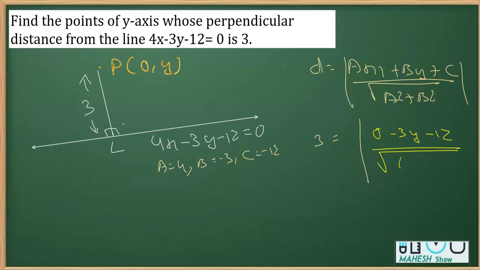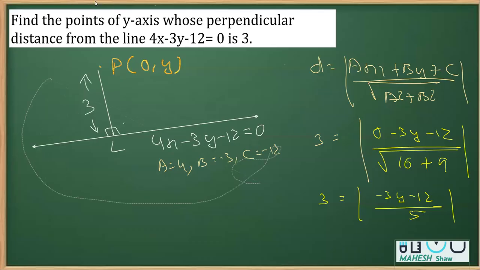So 4 squared is 16 and minus 3 squared is positive 9. So it is minus 3y minus 12 over 25 under root, and the root of 25 is 5.